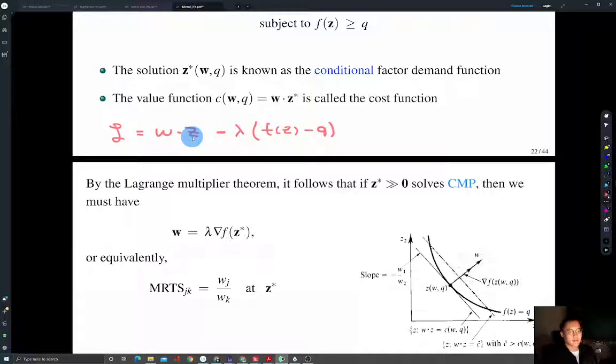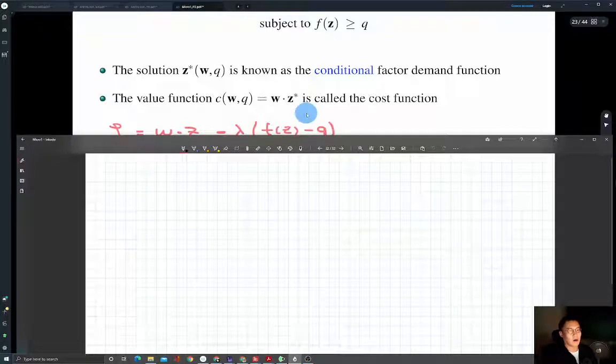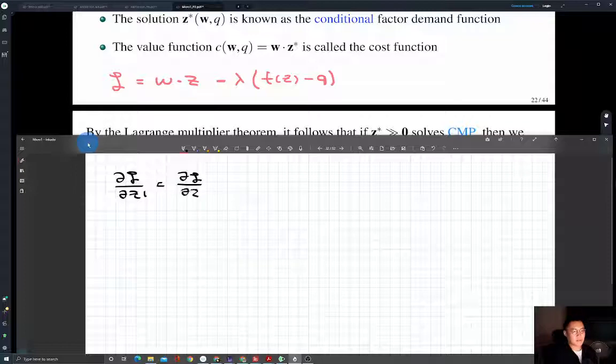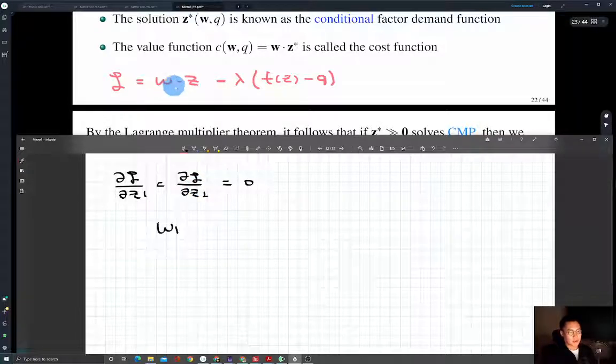The first-order condition is that the partial derivative with respect to z1 and the partial derivative with respect to z2 should be equal to 0. From the first condition we have w1, from this objective function.